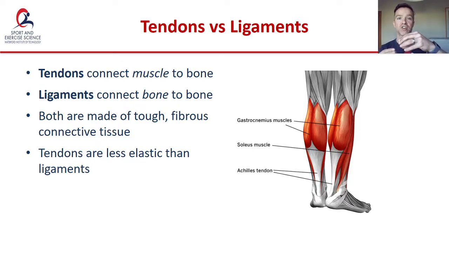As your muscle contracts and pulls on it, if it were elastic and stretchy, the tendon would stretch and then the bone would follow afterwards. Whereas what we want is for the muscle to contract, for that force to be passed through the tendon to the bone, and for movement to occur efficiently. So tendons connect muscle to bone, ligaments connect bone to bone.